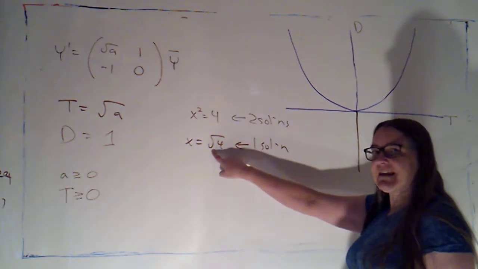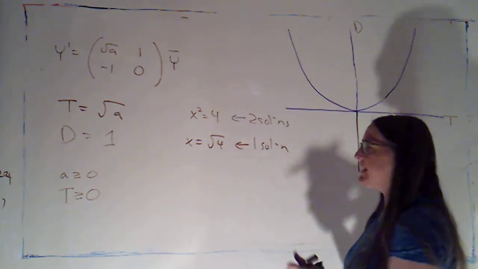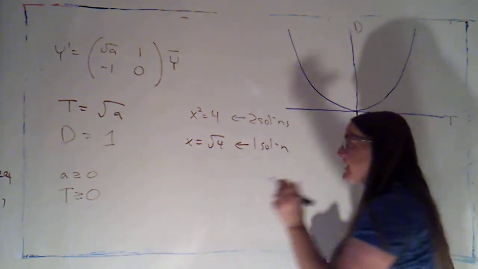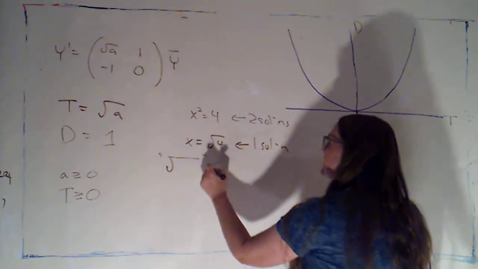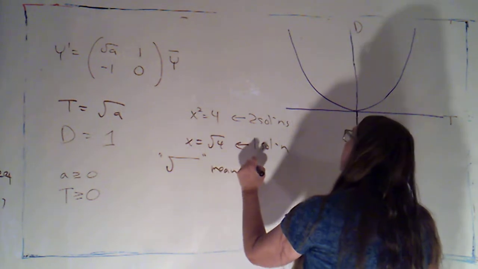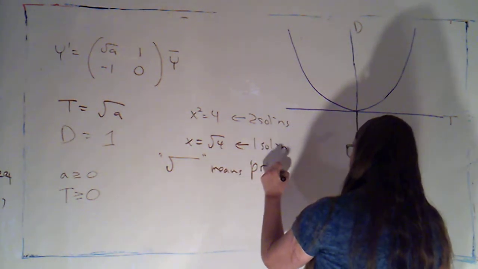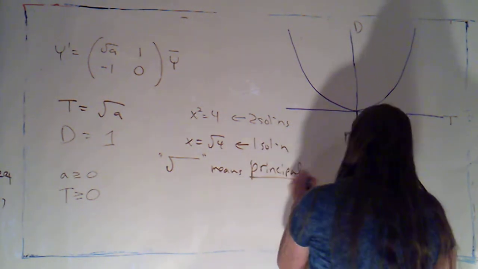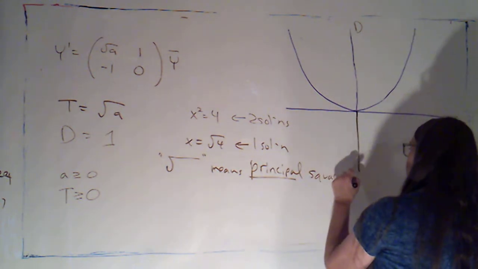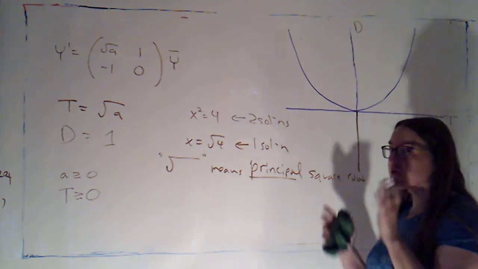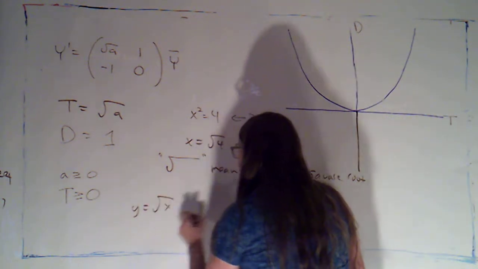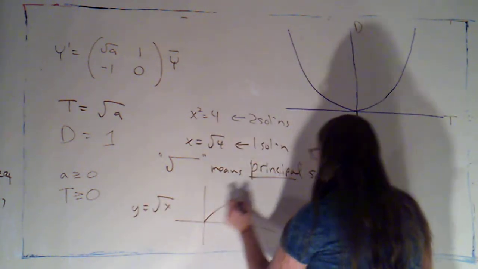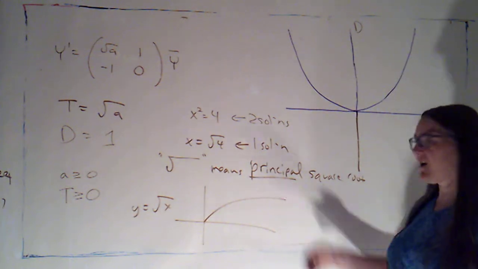This symbol does not mean anything I square to get 4. It means the non-negative thing I square to get 4. So that symbol means principal square root. And there's only one of those. And if you think about it, if I had asked you to graph y equals the square root of x, without even thinking, you guys would draw that.